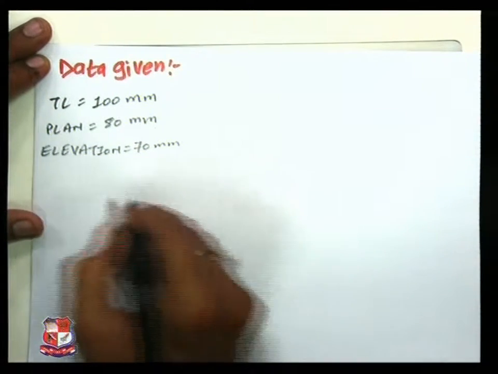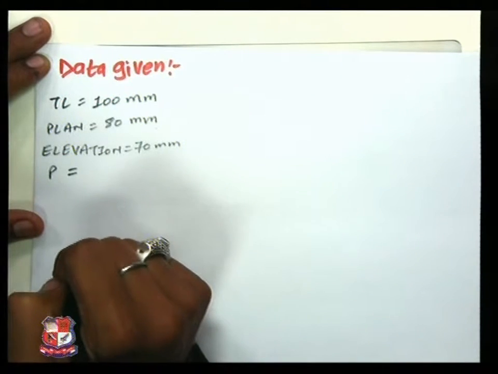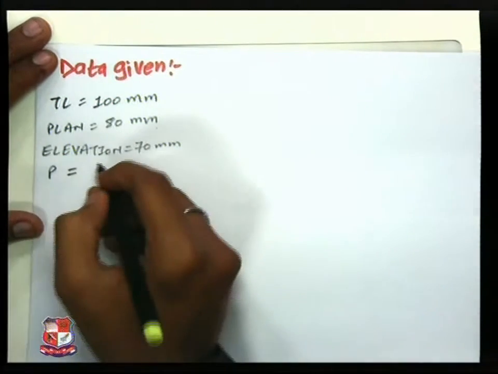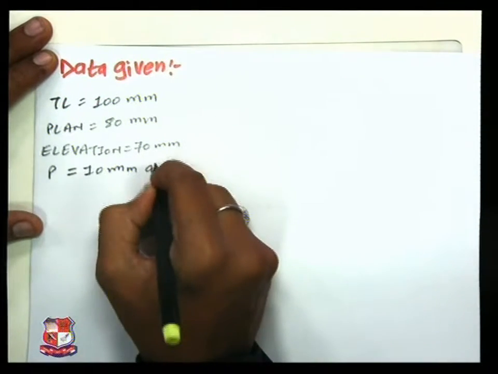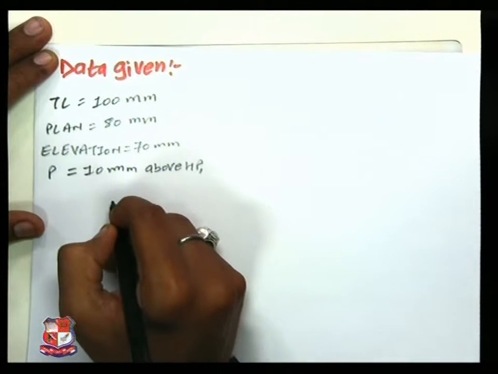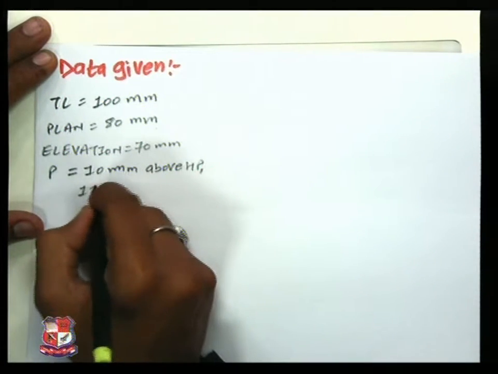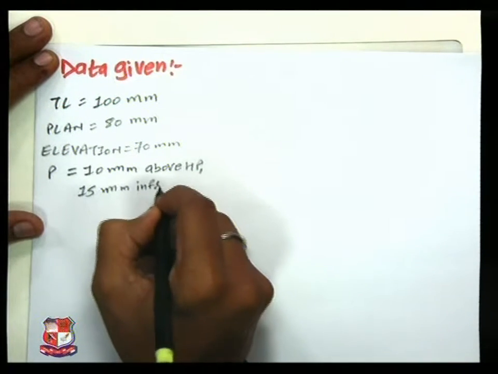Location of point P is given: 10 mm above HP and 15 mm in front of VP.